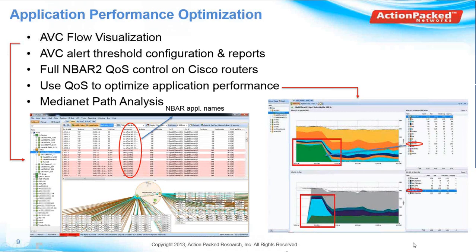So on this graphic on the right here, we basically throttle down BitTorrent traffic to improve Microsoft Office 365 performance. And instantly you can see that the traffic from BitTorrent has subsided through the visualization of LiveAction.